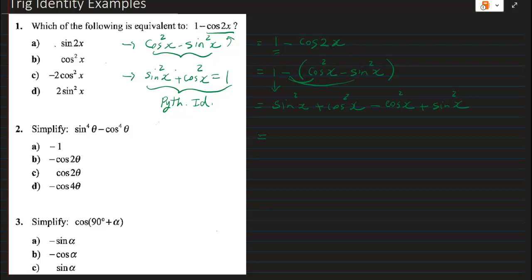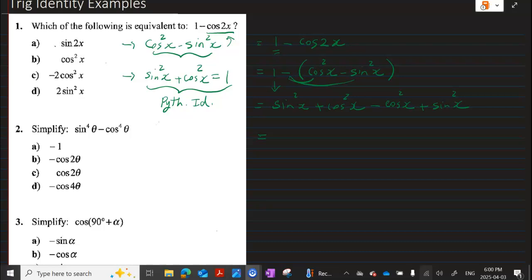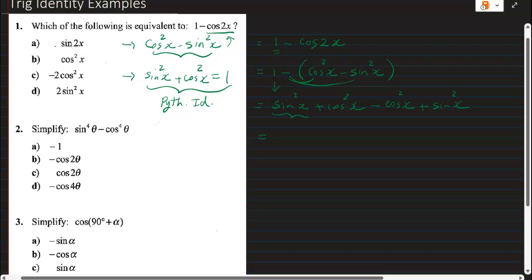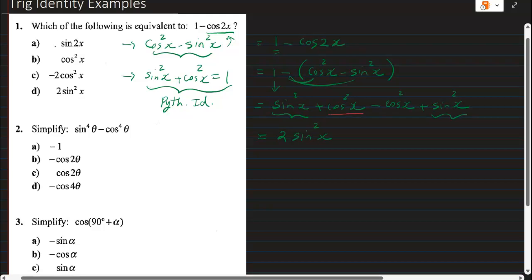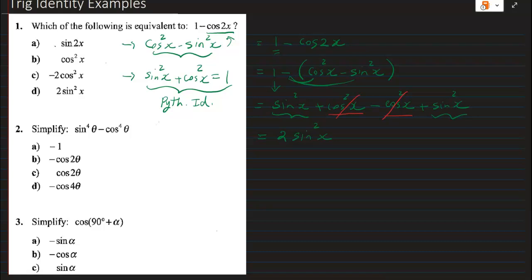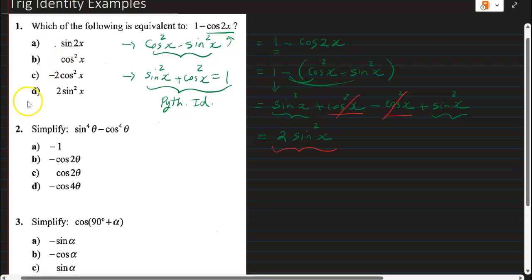We have sin²x and sin²x, so we have 2 sin²x. Then we have cos²x minus cos²x, which is 0. So 2 sin²x is your final answer, and matching that to question 1, D is the correct answer.